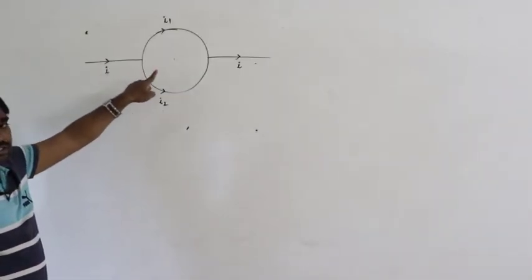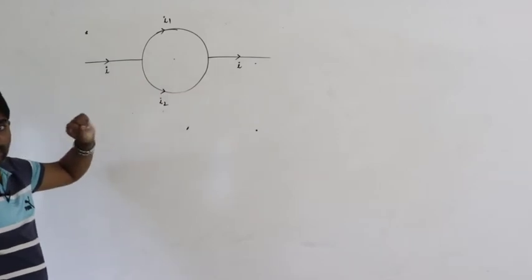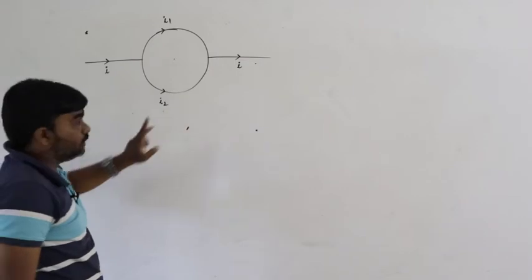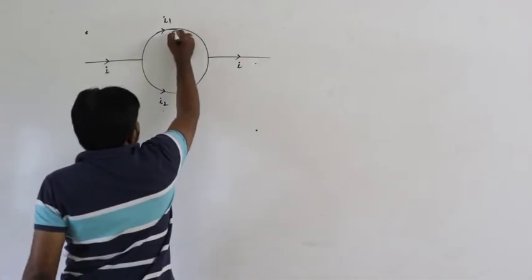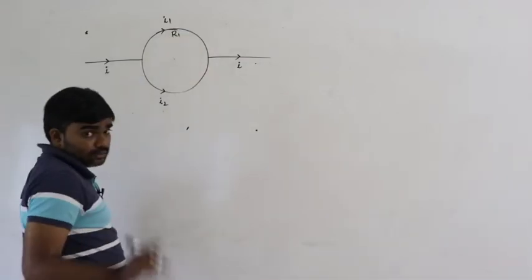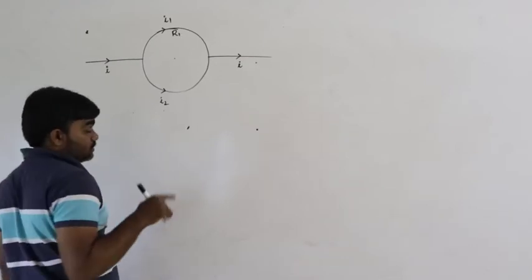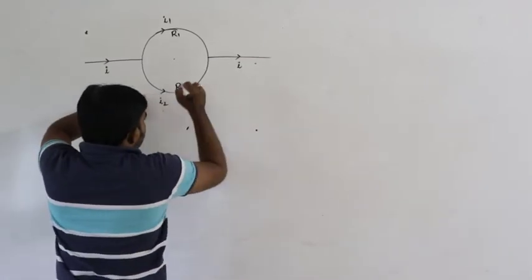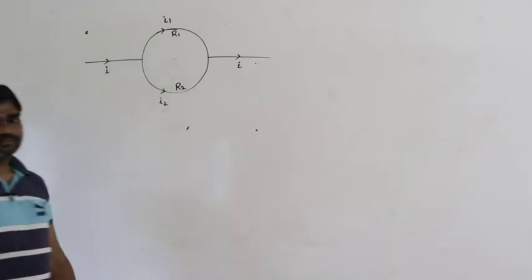I does not divide into two equal parts. This is I1 and this is I2. This part has resistance R1, including external electrical resistance, and this part has electrical resistance R2.